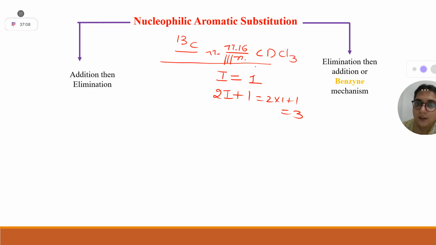Therefore, in the 13C spectra, you can see one triplet, which corresponds to your CDCl3, not the chloroform. Remember, in the proton spectra at 7.26, one singlet corresponds to trace impurities of chloroform in CDCl3. The relative abundance of carbon-13 with respect to carbon-12 is 1.1%.